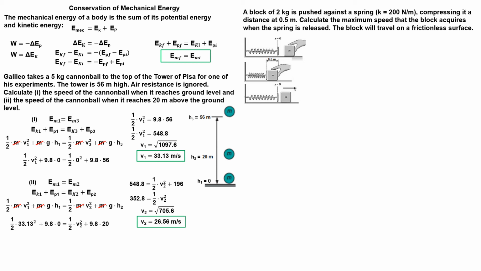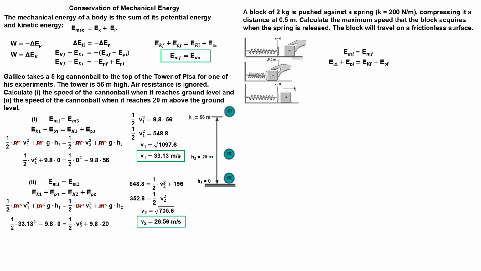Since there is no friction, we use the principle of conservation of mechanical energy. Set the initial mechanical energy equal to the final mechanical energy and solve for V. The subscript I refers to the initial position and the subscript F refers to the final position.